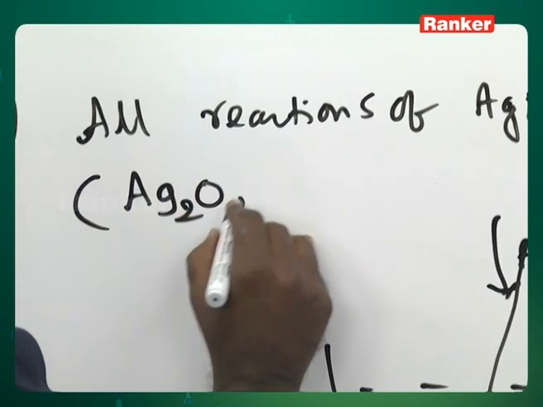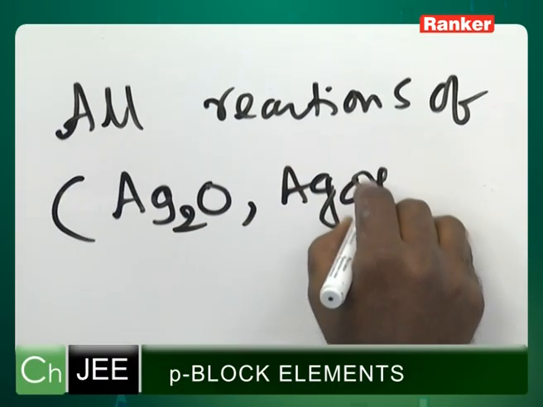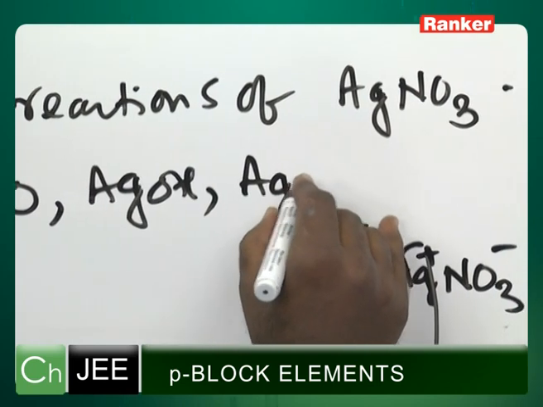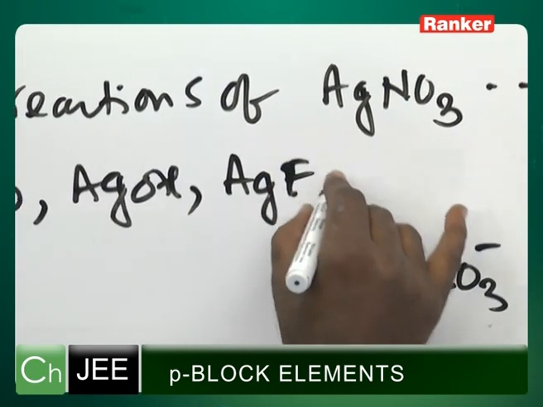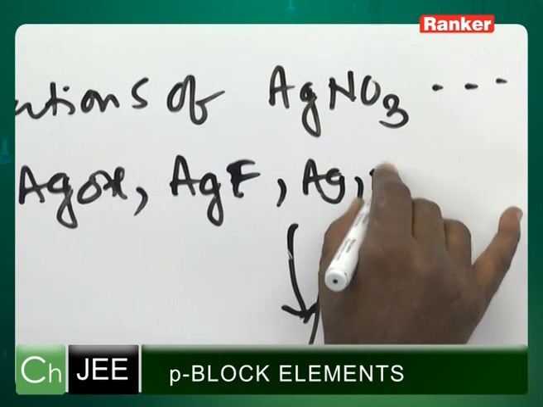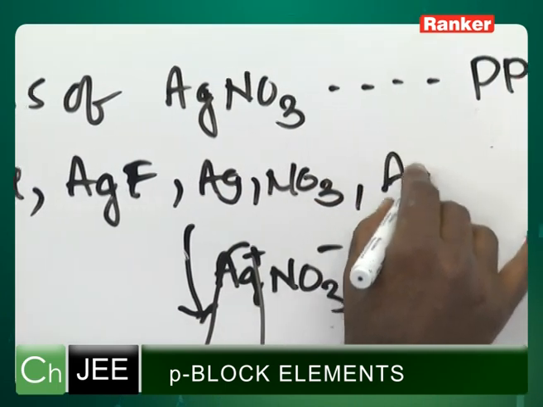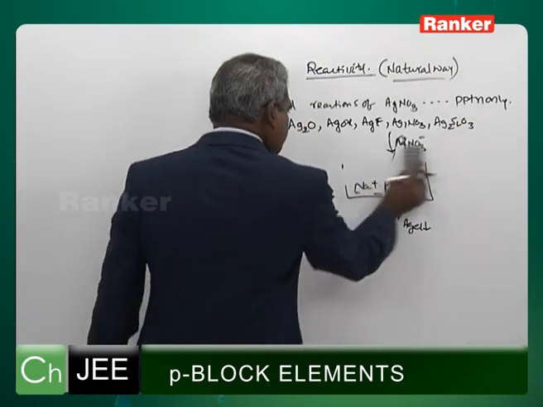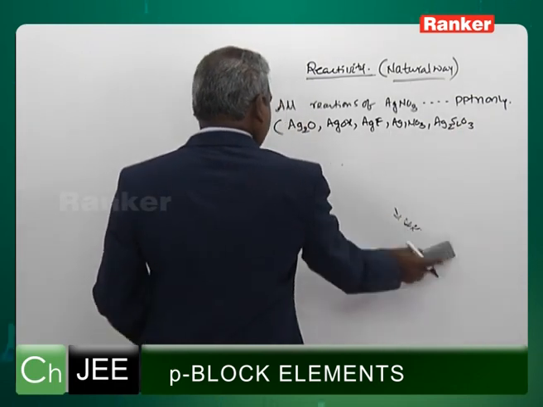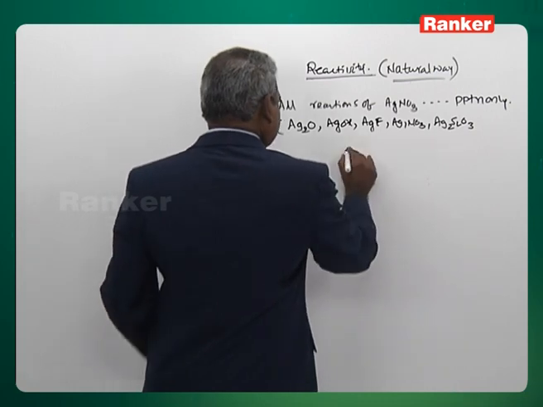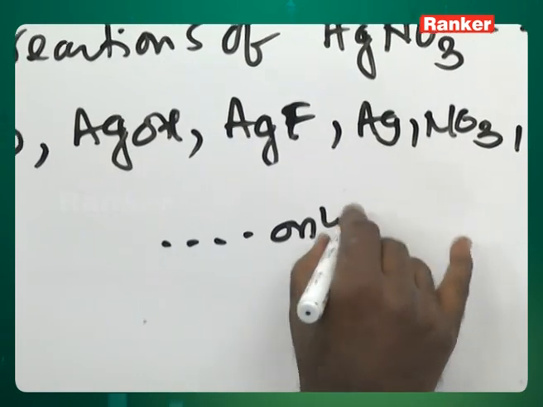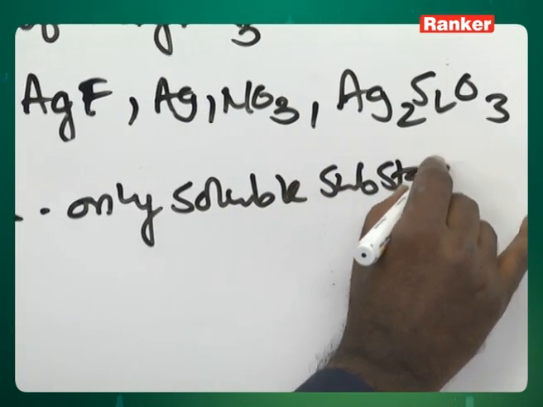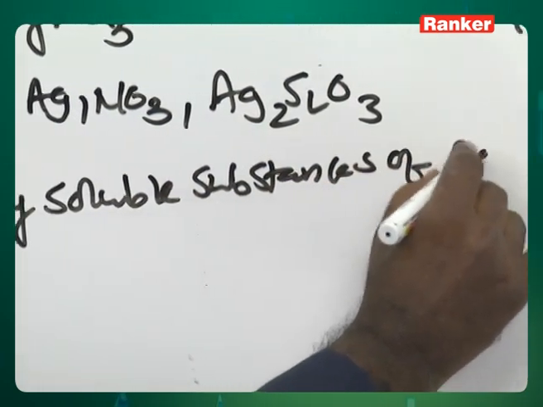Ag2O, silver oxide, AgOH, silver hydroxide, AgF, silver fluoride, AgNO3 and Ag2S2O3. These are the only soluble substances of silver.